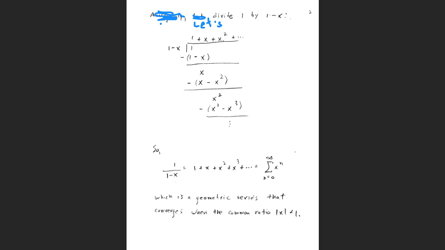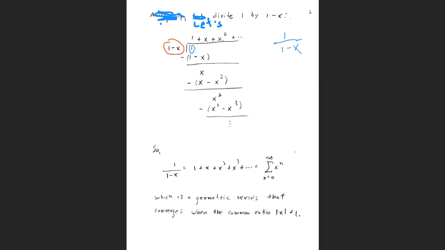So I'm taking 1 and dividing it by 1 minus x. How many remember dividing like this in maybe pre-calculus? If I have 1 divided by 1 minus x, 1 goes here, and 1 minus x goes outside.